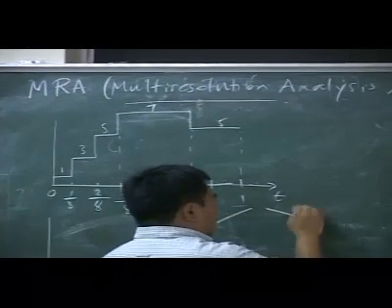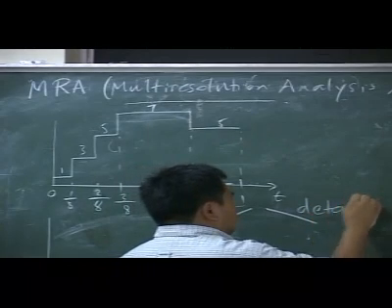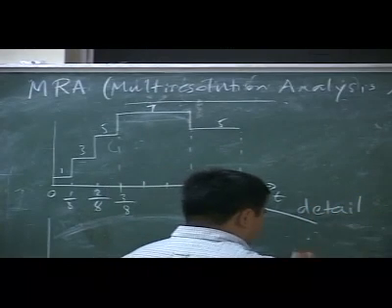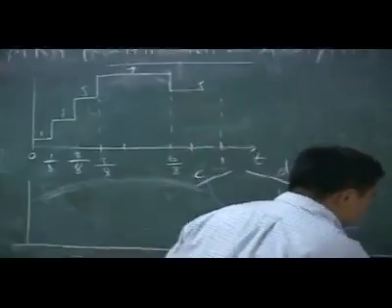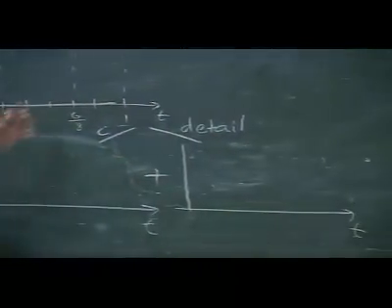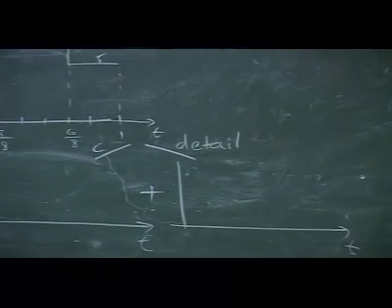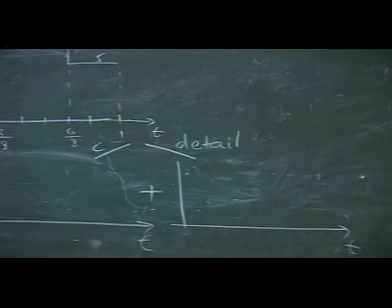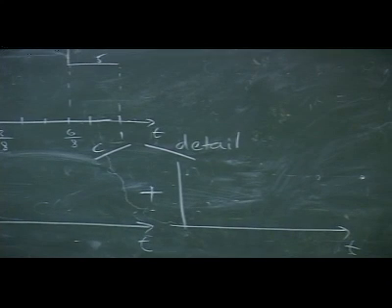That's a detail, that's a coarse approximation. If you add them together, you get back your original signal. Let's take the average for the coarse approximation. That's the easiest one. Take average and difference, add together, and you get the original signal.